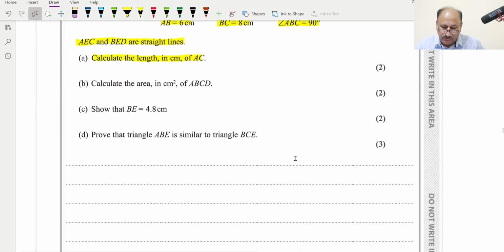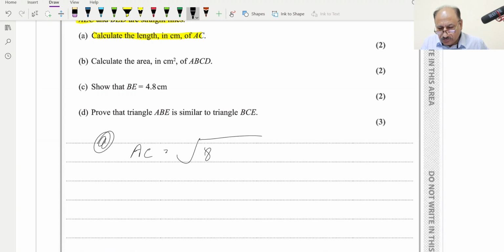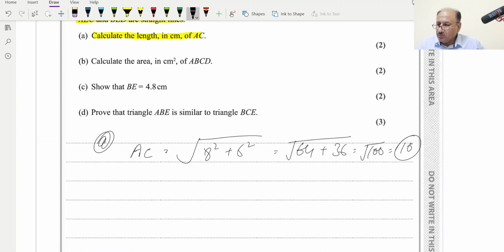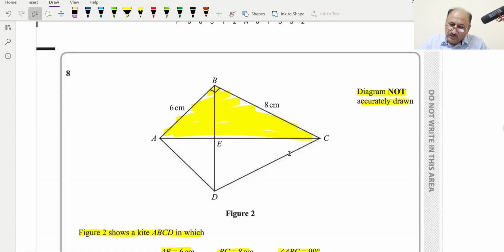One side is 6, the other side is 8, so we will be using Pythagoras theorem for part A, and we can write AC is equal to 8 square plus 6 square, which is equal to what? 64 plus 36 under root, which is equal to 100 under root, which is equal to 10. So this side is 10. AC is 10. So we got AC.